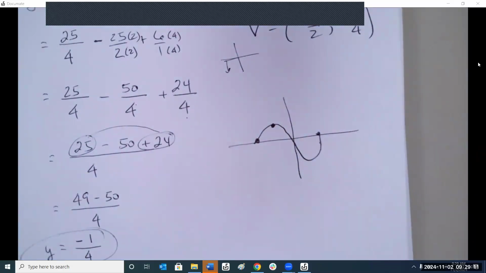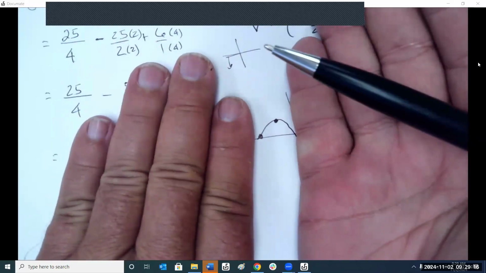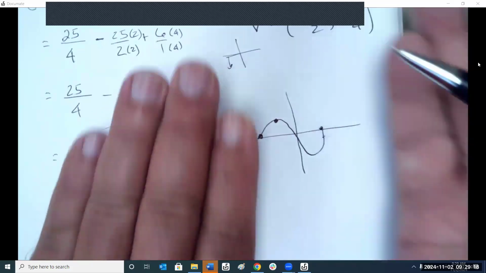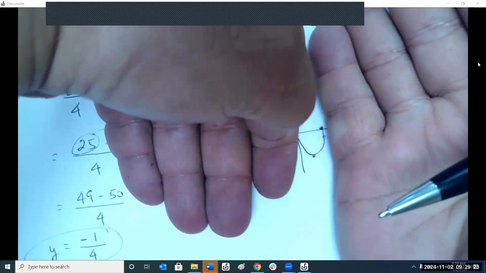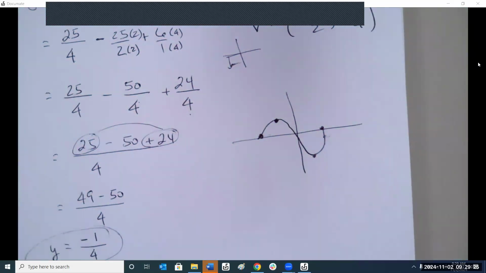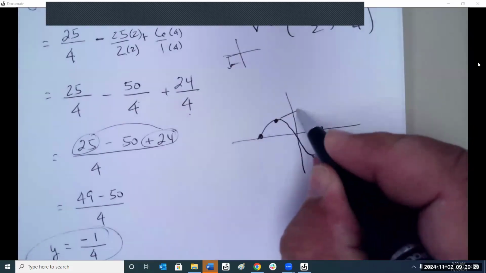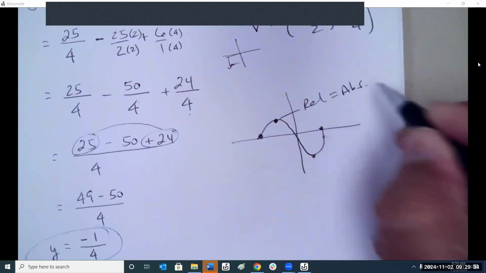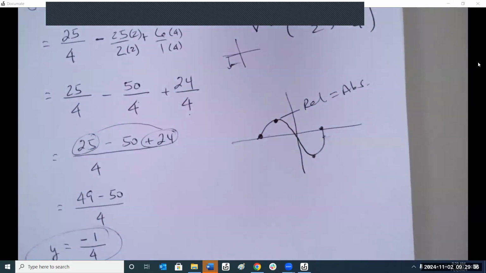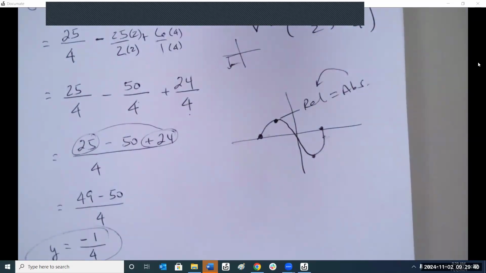First off, it's relative, because relative simply means I can take a smaller domain and look at it. Here's a minimum. I look at this domain. Now I look at the whole thing. Is this the highest of the whole thing? So we know it's relative to begin with, but in this case it's also absolute. Absolutes can be relatives, but relatives cannot always be absolutes.